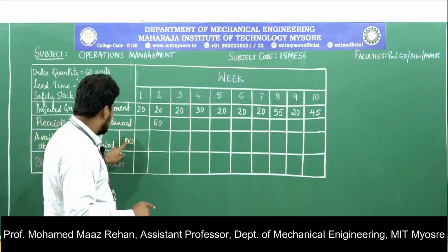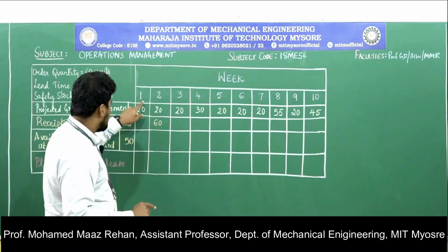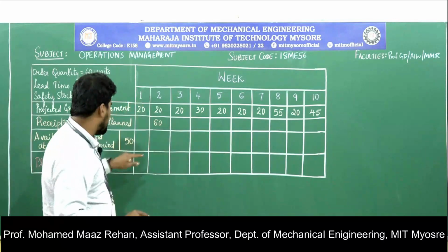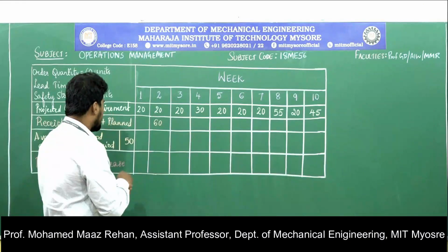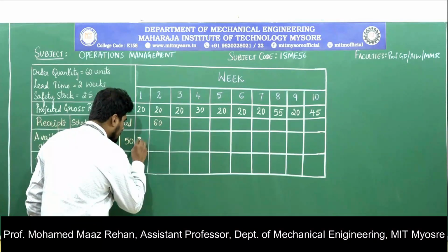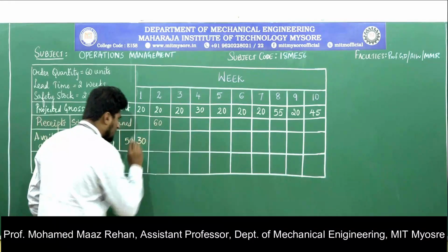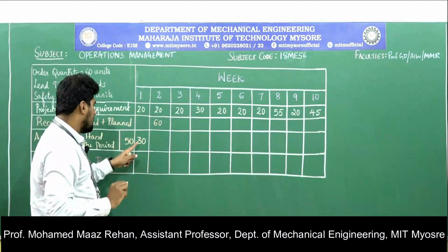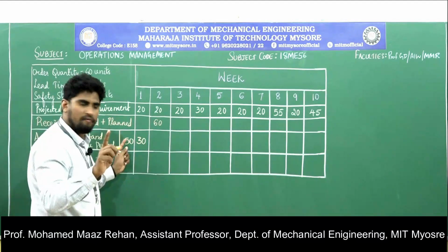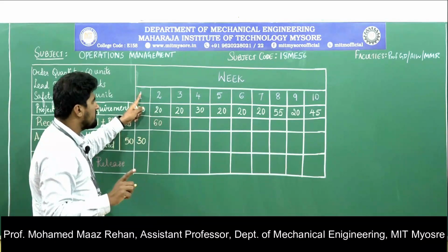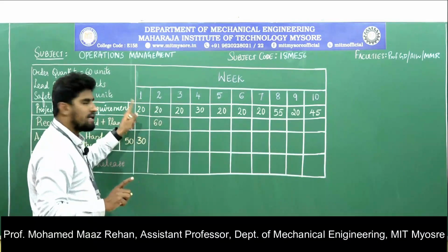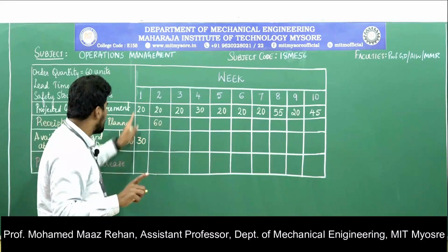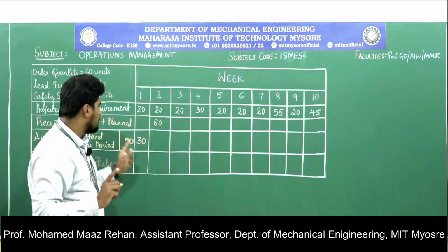Once you satisfy the weekly demand in the first week, 50 minus 20 gives 30. Why? Because on hand you have 50 units and you are satisfying the demand in week 1, which is 20. So 50 minus 20 is 30 units.